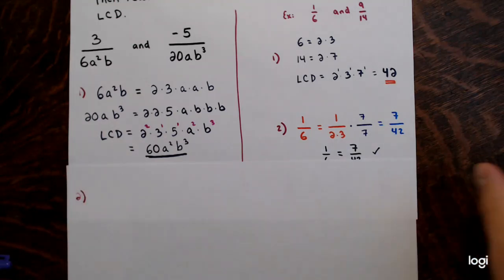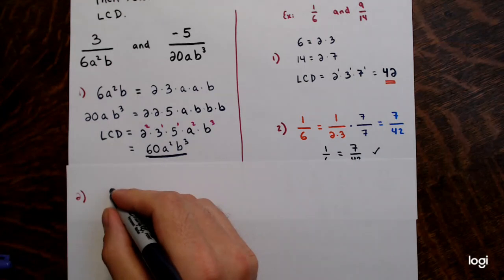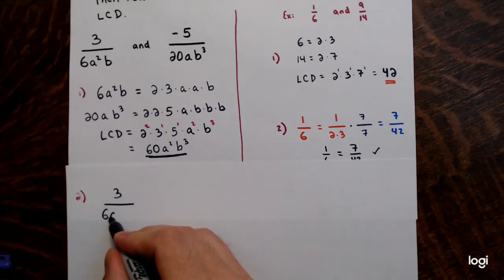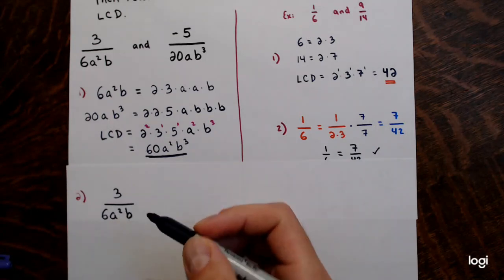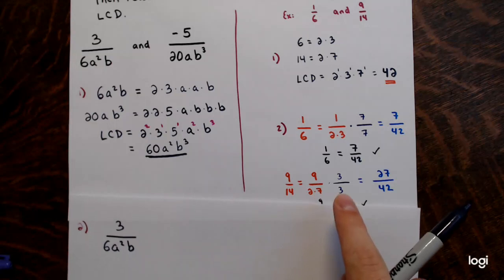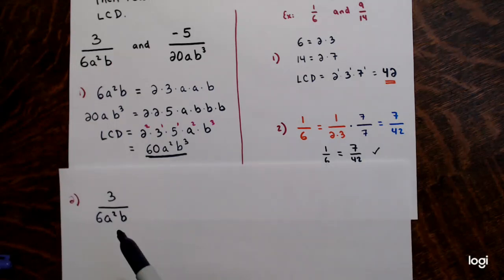So here we'll take the first one, 3 over 6a squared b. Now again, if you want, like I did with the numbers over here, you can write out the denominator factored if you wish, but I already have.